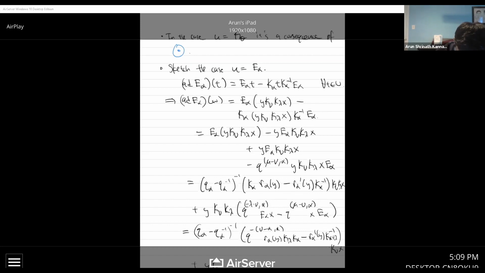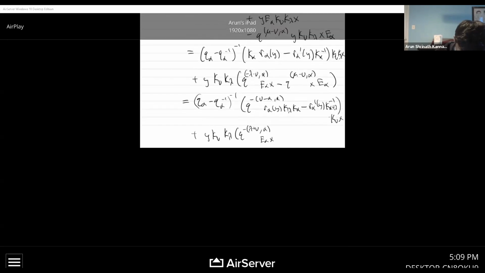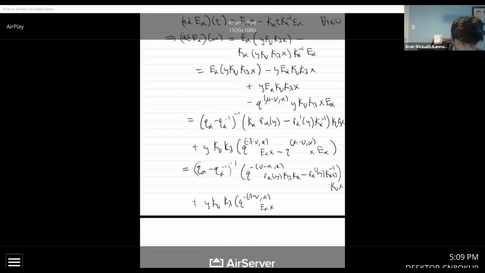So k nu k lambda q to the minus lambda plus nu alpha e alpha x minus q to the mu minus nu alpha x e alpha. Okay. Actually, what's going on is that we just put our elements in the form where it's convenient to compute the pairing.